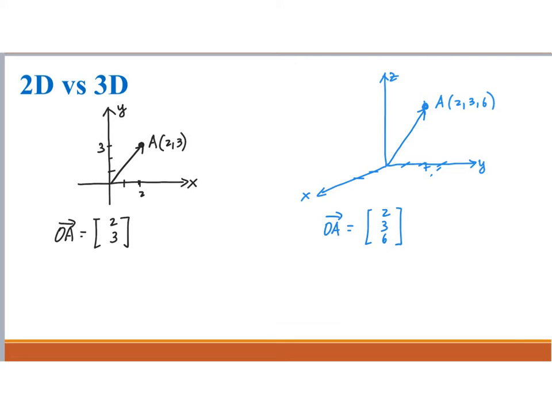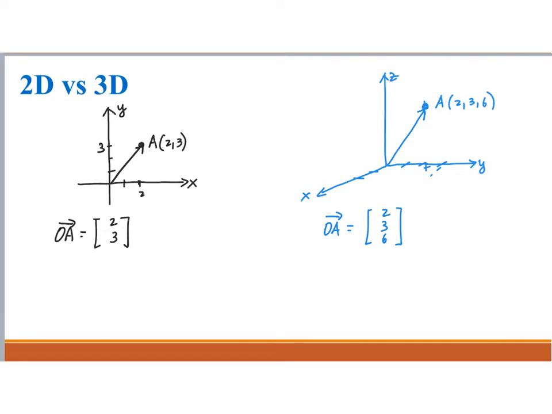So the main difference here is that with a 2D vector, you will have an x component and a y component, while if you have a 3D vector, you will have an x component, a y component, and a z component.